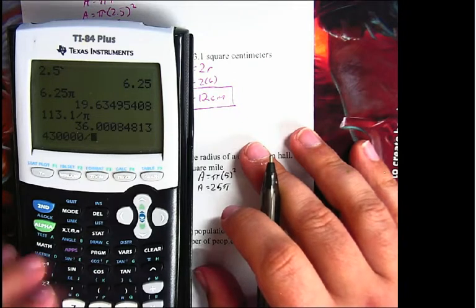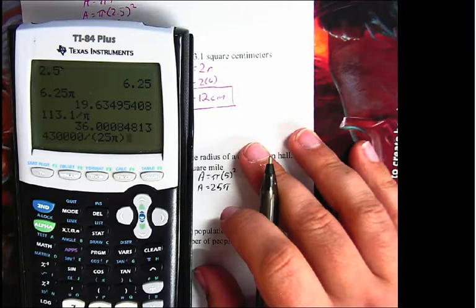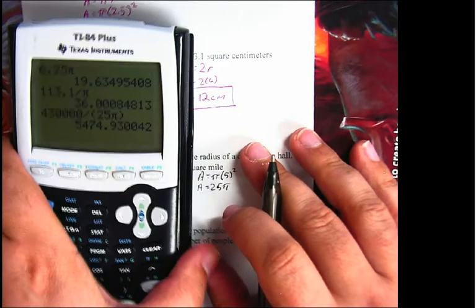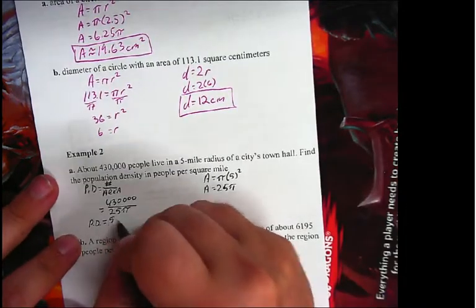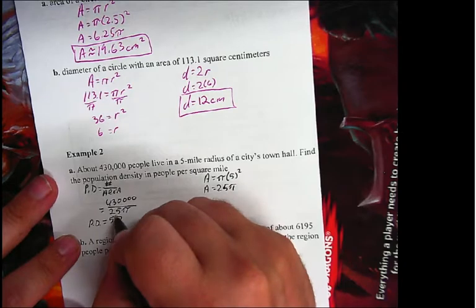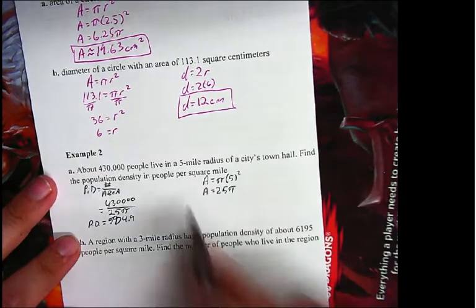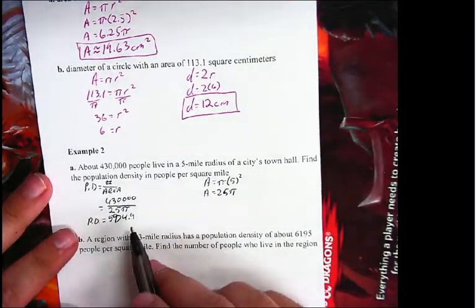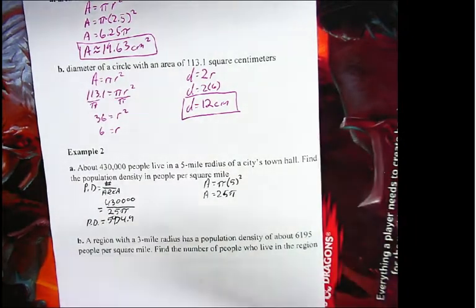All right? And so population density is going to be approximately, now this I'm going to type it in, so 430,000 divided by 25 pi, which is 5,474.9. Now we want this in people per square mile. I can't have 0.9 people, right? It's either a whole person or not a person.